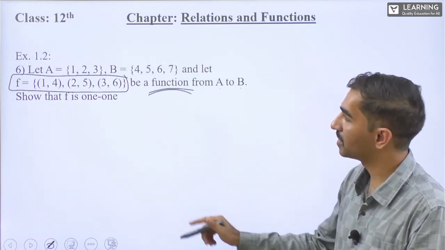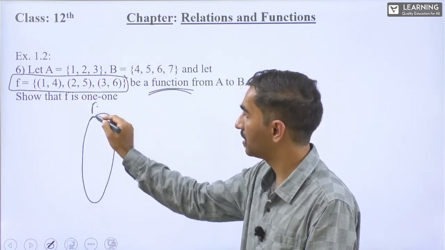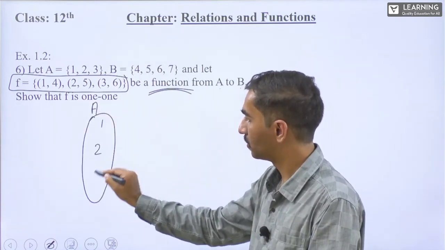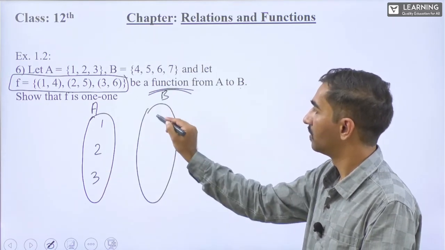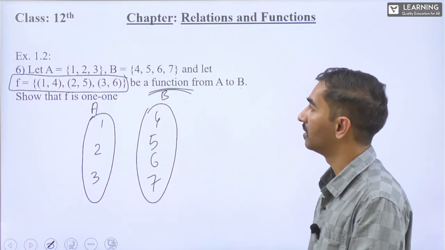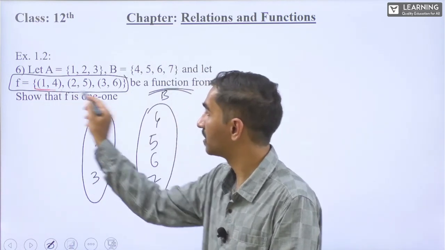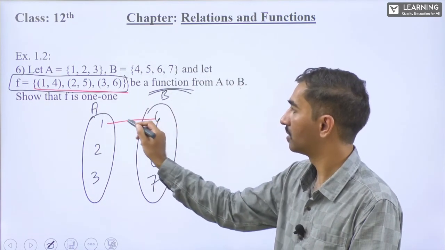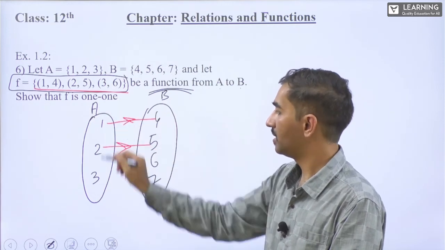So very simple, students. What you have to do here is we'll map them. So we'll write all the A elements here, that is 1, 2, and 3. B elements, we'll write them here: 4, 5, 6, and 7. So we'll just try to map them. With the help of whatever is given: 1 to 4, 2 to 5, 3 to 6.